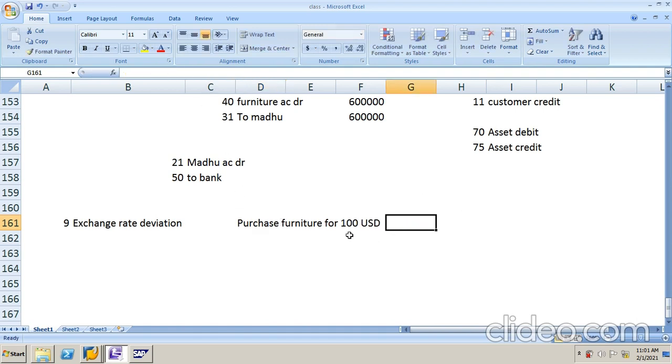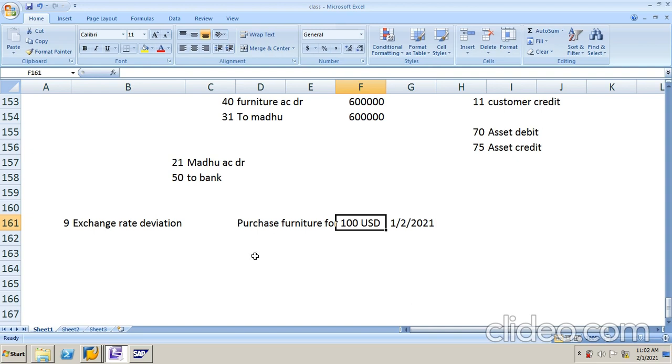I'm giving today's date as 01/02/2020. We purchase the furniture for 100 USD; it could be any invoice, and the invoice value is 100 USD.